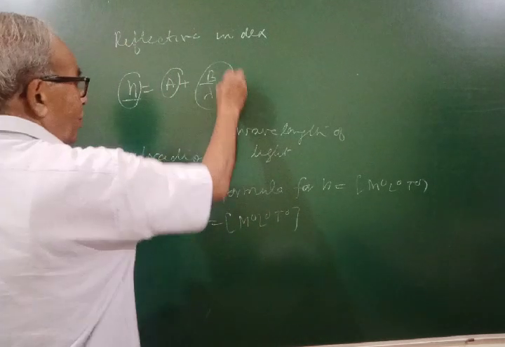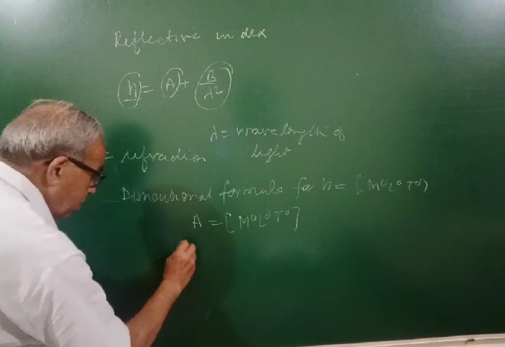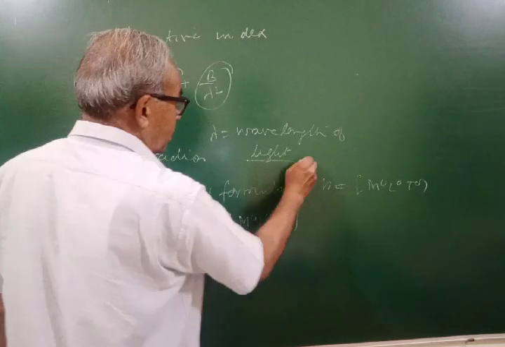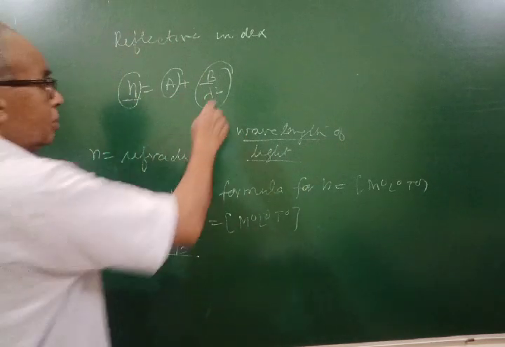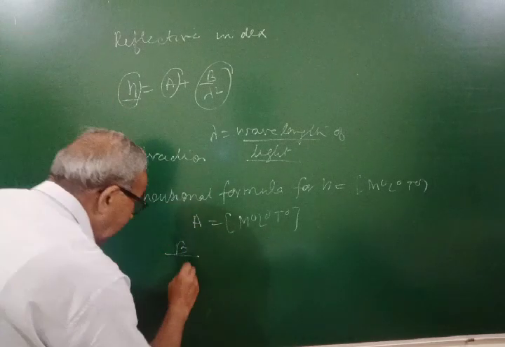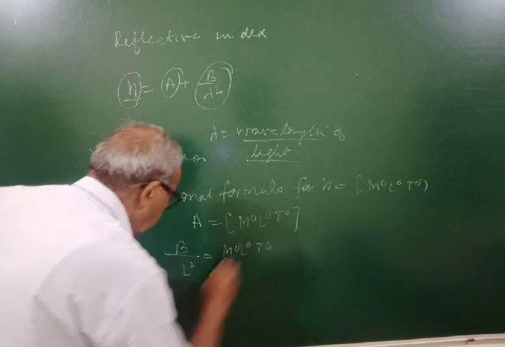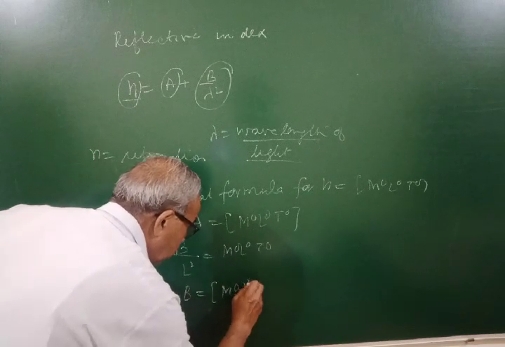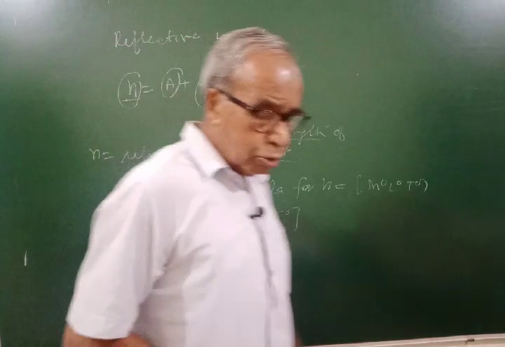So B upon lambda square again has the same dimensions. Wavelength is the distance traveled by a wave in its time period, so wavelength has unit of meter. So B upon L square equals M0 L0 T0, so B has dimension of M0 L2 T0. So such simple questions are there.